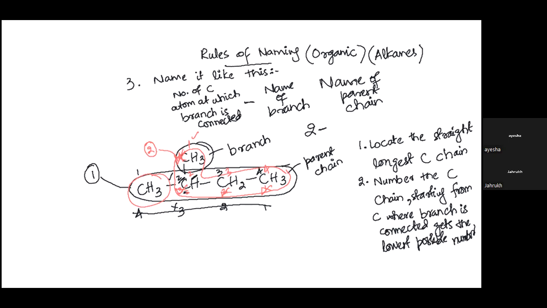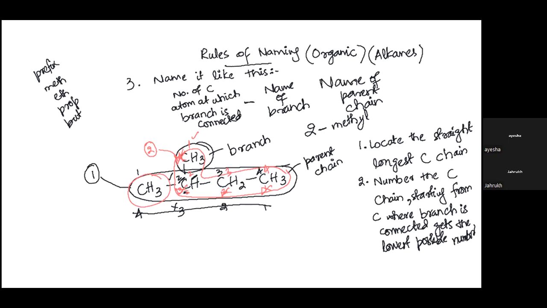Now, 2 was the carbon atom at which the branch was connected. The name of the branch has a single carbon atom. So meth would be the prefix and il would be the suffix, as I explained on the previous page. Remember, the branches have the same prefixes as the parent chains, meth or eth or prop or but, right?